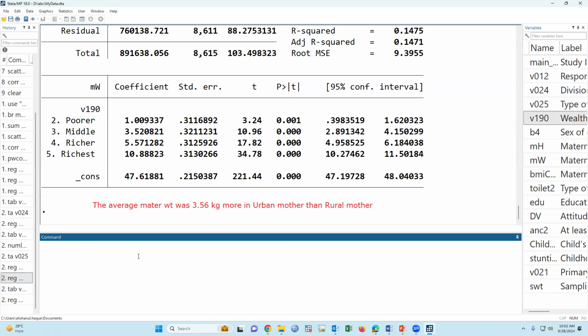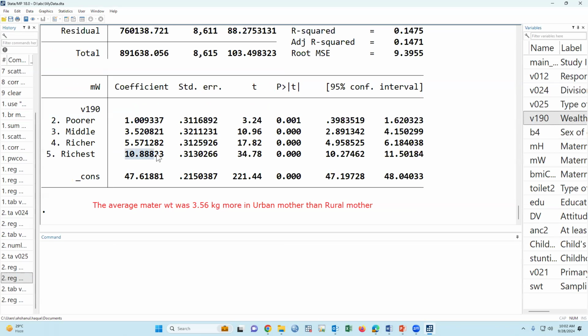So if we type, okay, the average maternal weight was 10 kg more in richest households.